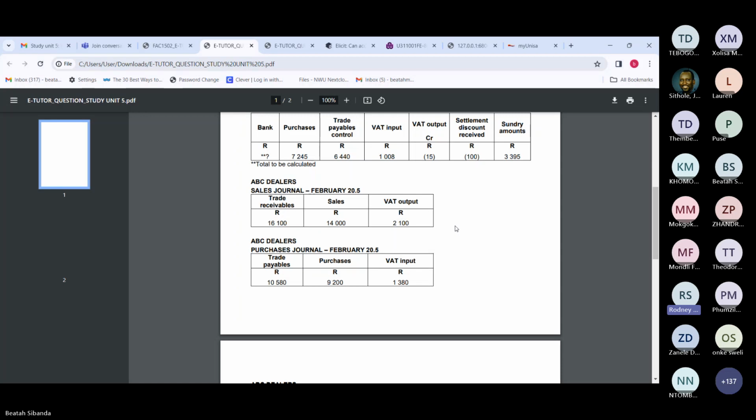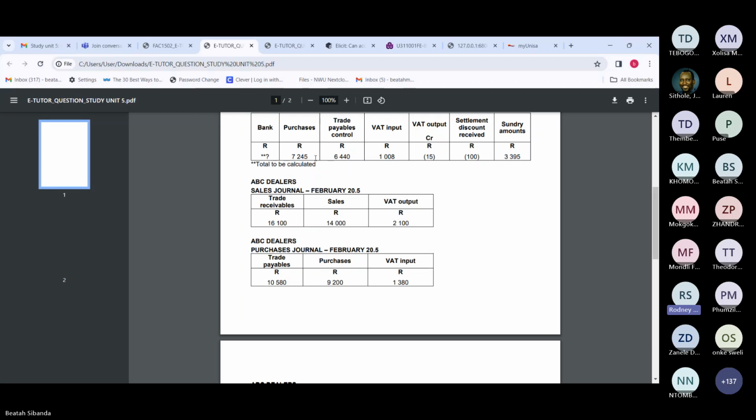So I just want to know, why are we using bank instead of purchases for that 1,008? No, can you see that? Can you see from the bottom 1, 2, 3? Can you see that there's three? Can you see that first block with purchases of 7,245, trade payables of 6,440 and 1,008?